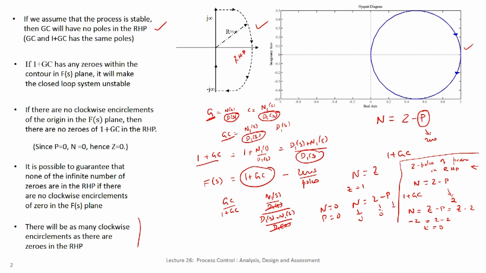So, the open loop is unstable with 2 poles, and if you design a controller in such a way that your Nyquist plot shows 2 anti-clockwise or counterclockwise encirclements of origin, then that basically means that there are no zeros for 1 plus GC in RHP, which is what is critical for closed loop stability. So, this is how you use the same result to analyze closed loop stability of unstable systems.